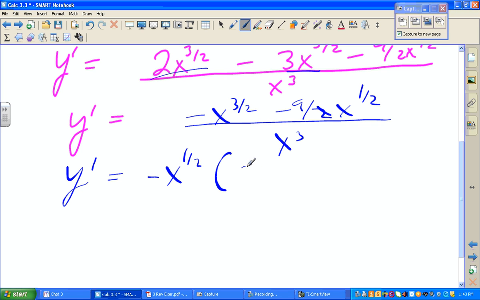All right, so this is going to become x to what power? Kaylee. Is there more than one? No. What exponent is going to be left with this x after I factor out an x to the 1/2?